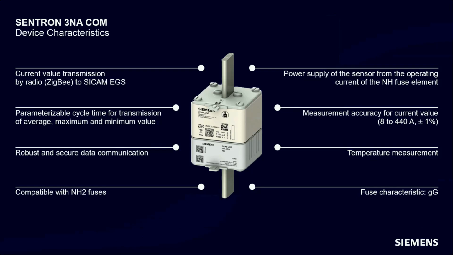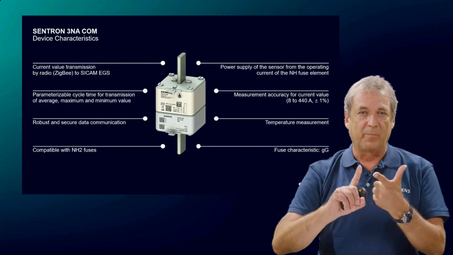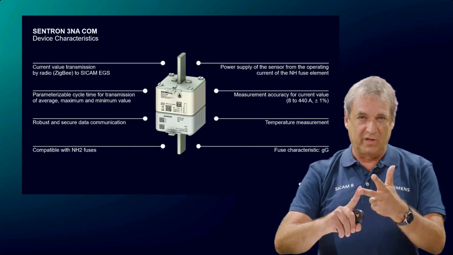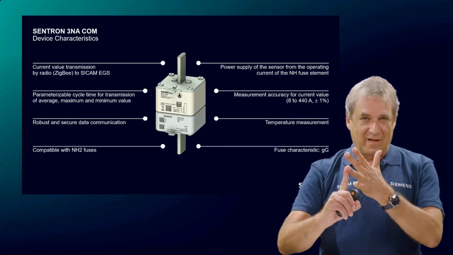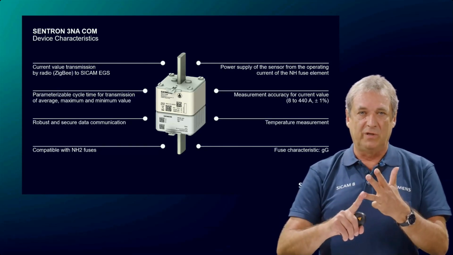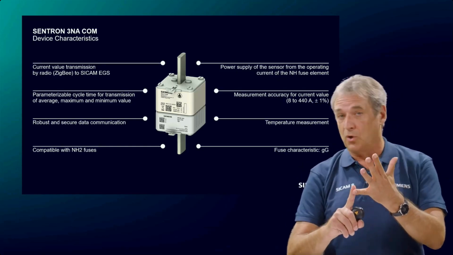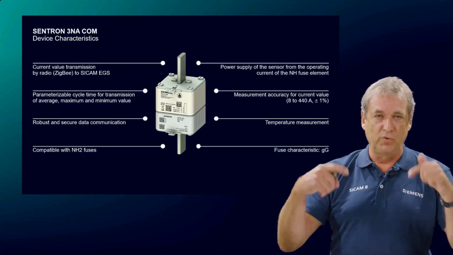First of all, it features a compatible NH2 fuse with GG characteristic, a current measurement function that measures the current through the fuse with 1% accuracy, an integrated temperature sensor that measures the temperature at the shaft of the fuse, a secured radio transmission using the communication protocol ZigBee. And finally, it also features a built-in power supply that uses the current through the fuse.